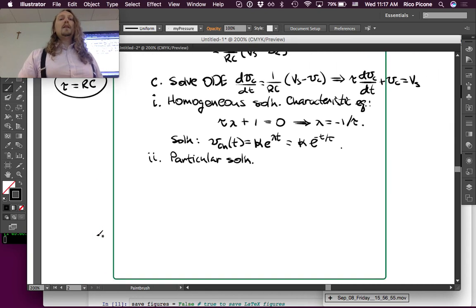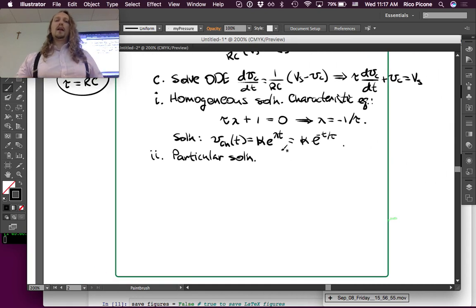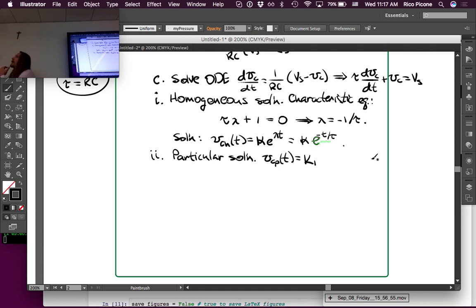So when you have a constant input, then the assumed form of the solution, Vc particular solution, is not kappa, K1. So our input is a constant, so we assume that we can find a particular solution that is just a constant.